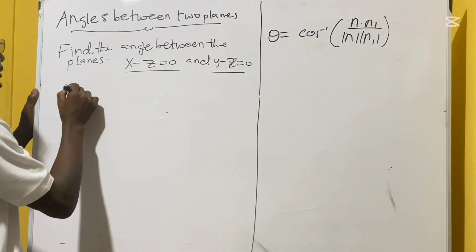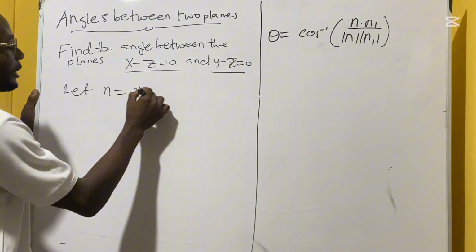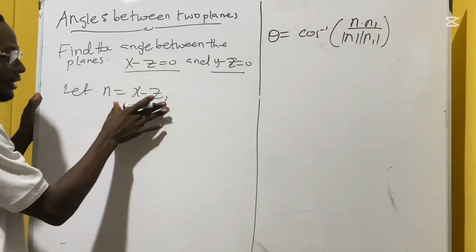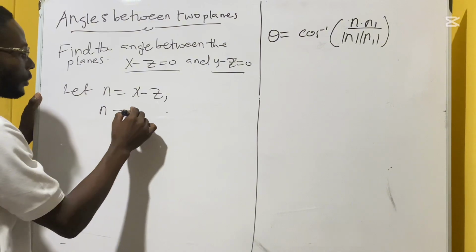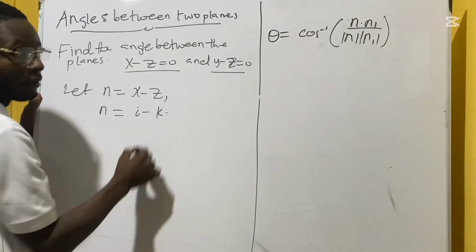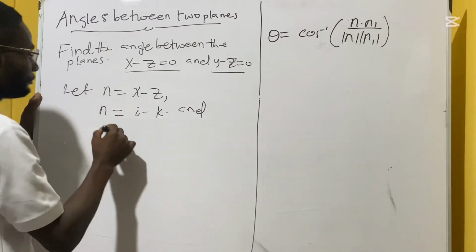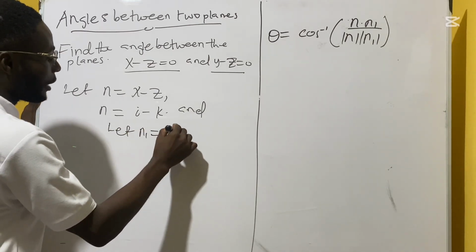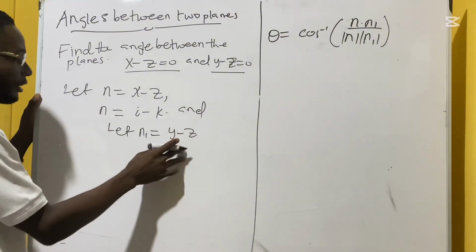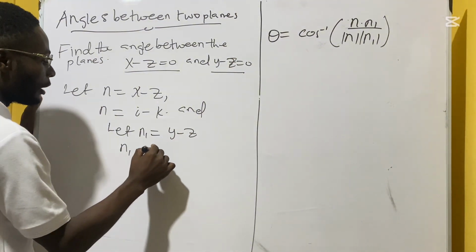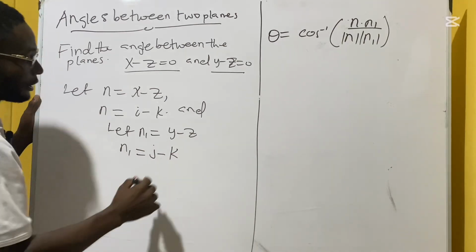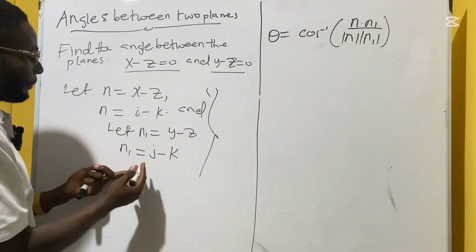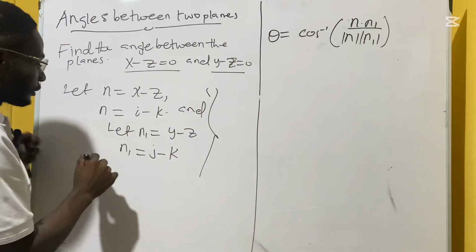Let n = x - z, so the vector for this will be n = i - k. And let n1 = y - z, so the vector of this will be j - k. We know these parameters, so let's find the dot product of n and n1.